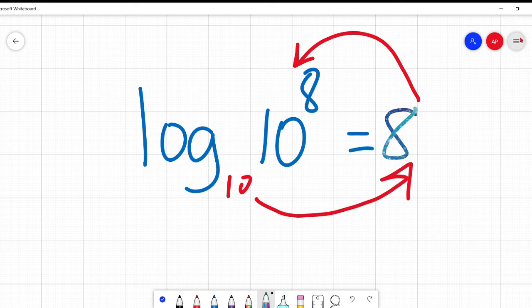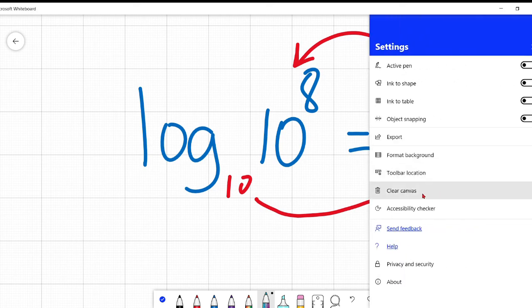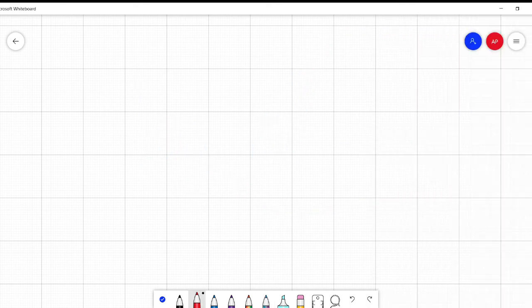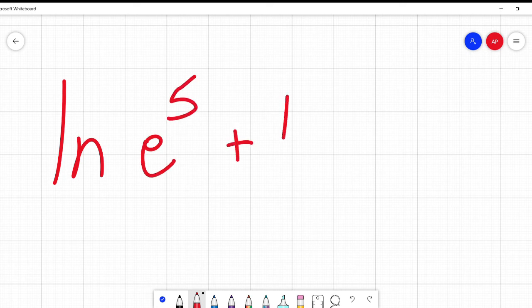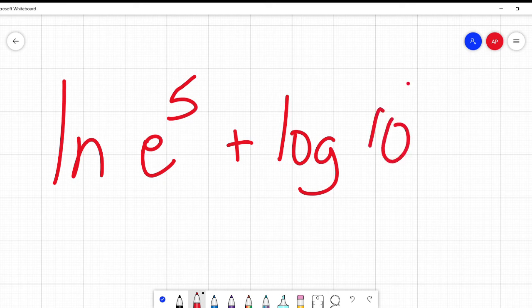Okay, so what if it was something like this? All right. So we said, okay, natural log of E to the power of 5 plus log of 10 to the power of 7/8 equals. That's impressive looking when you just glance at it. You're like, where do I start? What do I do with this? Again, we don't want to make it harder than it is. This first one over here, this is a base E. So it's E to the power of what equals E to the power of 5? 5.